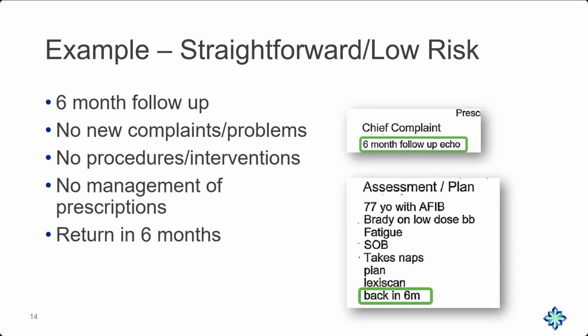They do not have any new complaints or problems that they're addressing. I'm showing you the pieces that we want to focus on, not the entire medical record. It was definitely multiple pages, but their chief complaint, the reason for that encounter, is that 6-month follow-up for that echocardiogram.